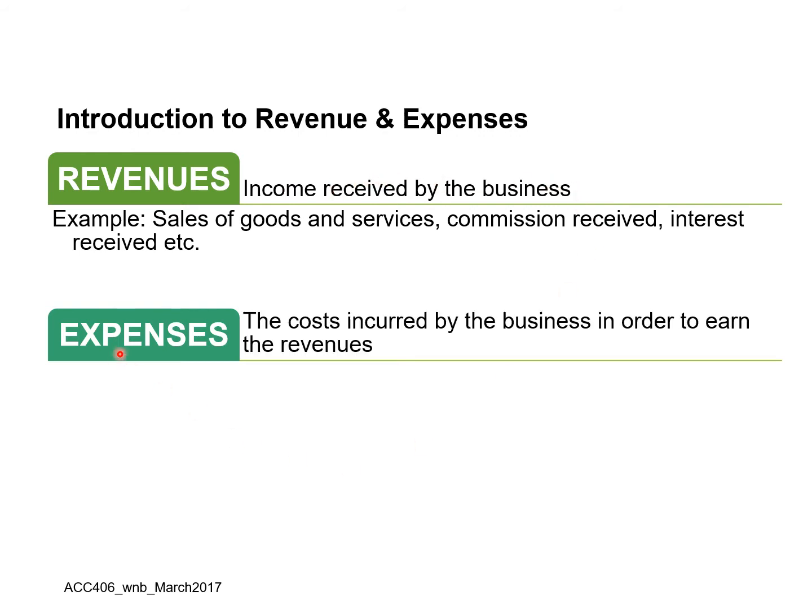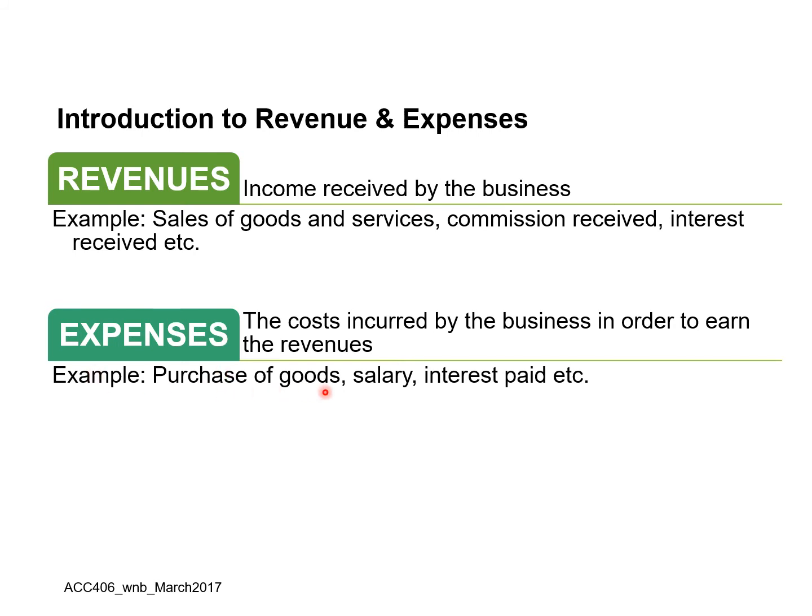Untuk expenses, ianya adalah the cost incurred by the business in order to earn revenue. Sebelum awak jual barang tu, awak kena beli dulu barang tu kan. So, barang tu, cost dia tu namanya expenses. Okay, ataupun cost of goods sold.